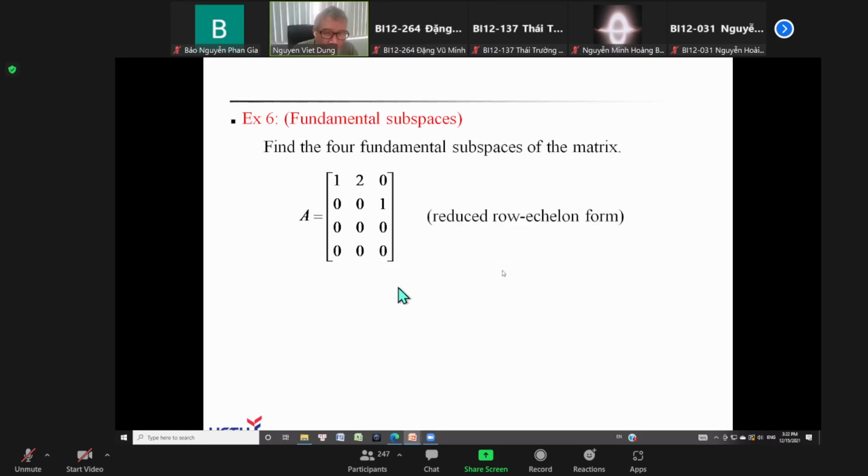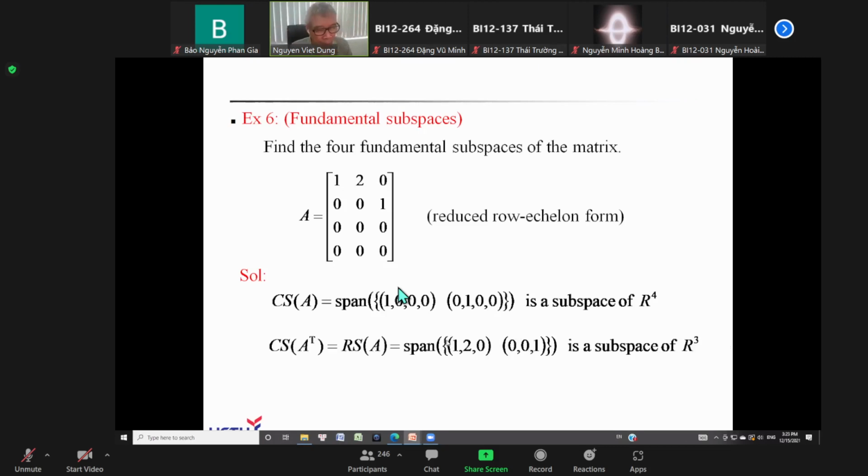The first one is the column space. The first column and the last column contain the leading ones, so they make a basis for the column space of A.